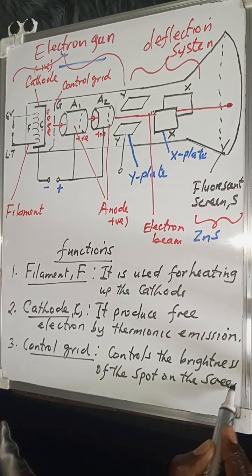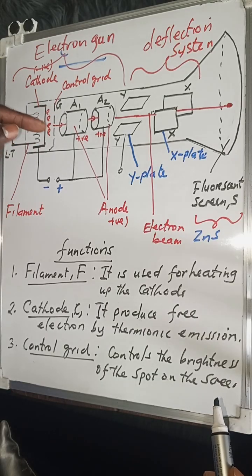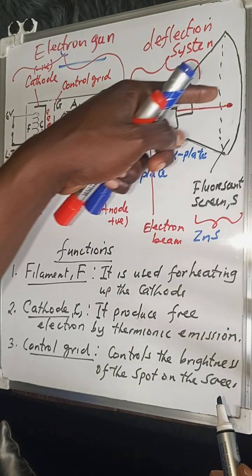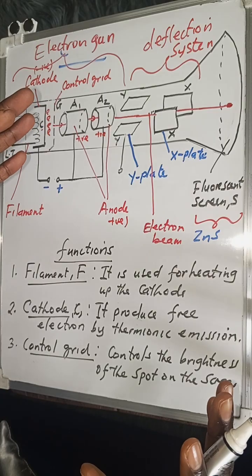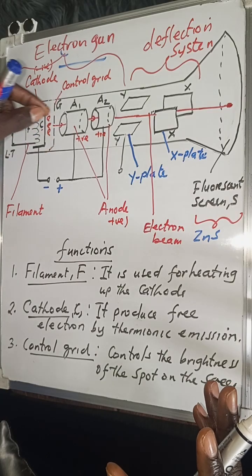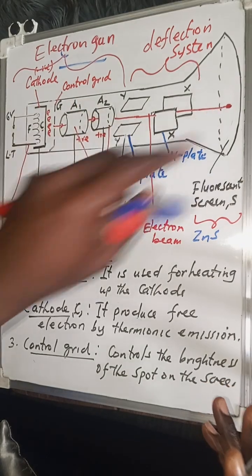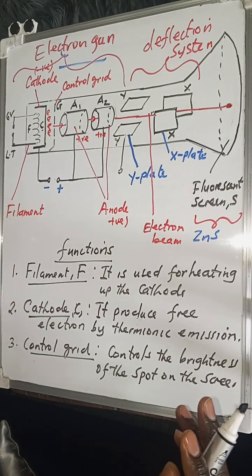Meaning, if too many electrons pass through the control grid, the screen will appear very bright. But if fewer electrons pass through it, the screen is going to appear dim.